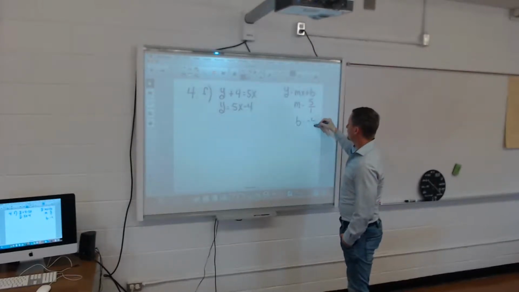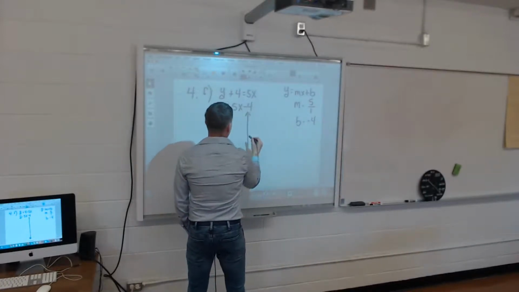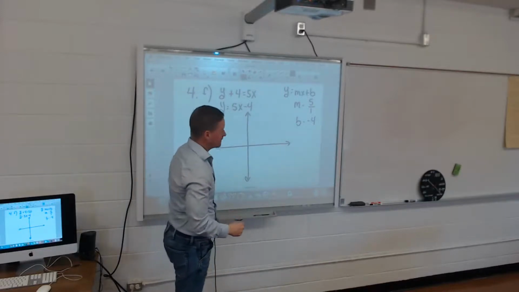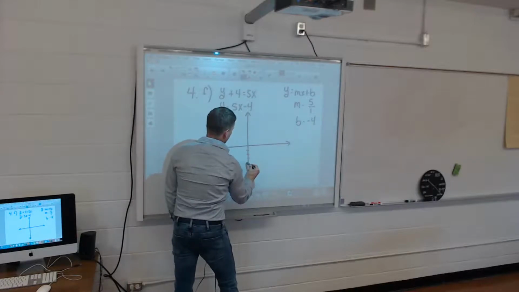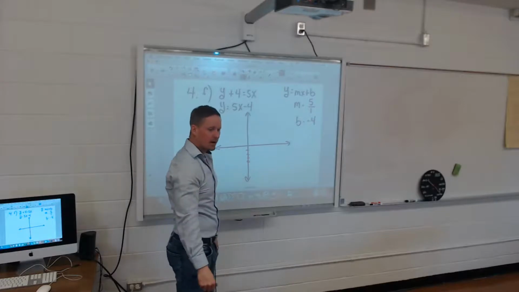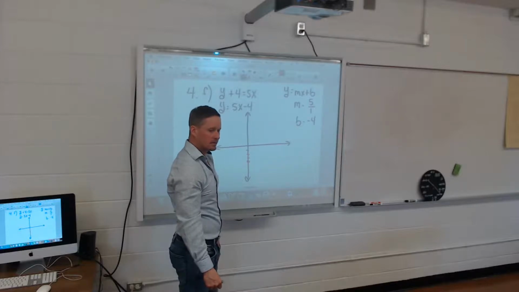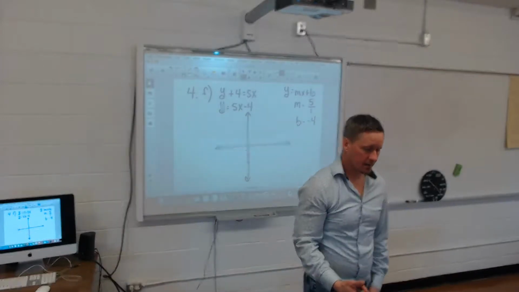-4. Okay, so to graph it, remember my y-intercept is my starting point. So I have to go to 0 and -4, which is right here. That's where I start. And then where does my slope tell me to go? Remember, my slope is a rise over run.